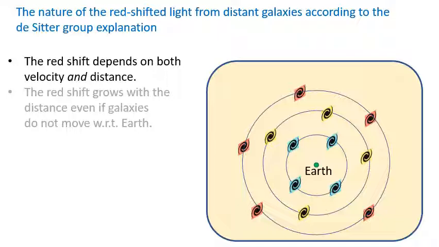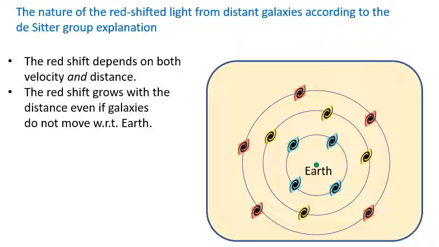So, in the de Sitter universe, you don't have to force the galaxies to run away. The redshift depends not only on velocity, but on distance as well. So the redshift is present even in a stationary universe.